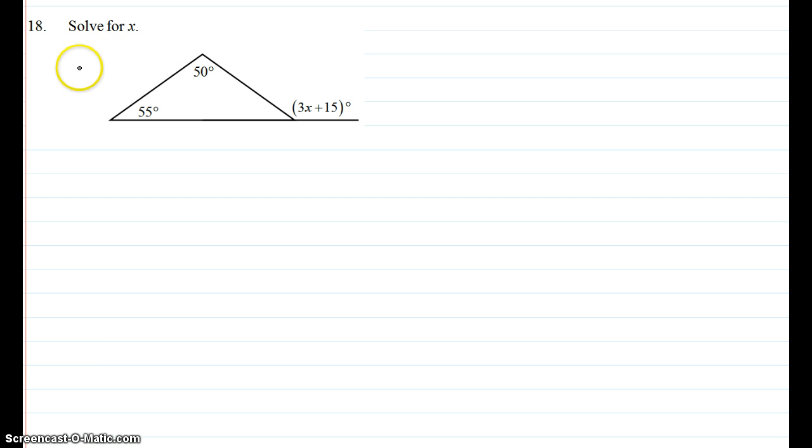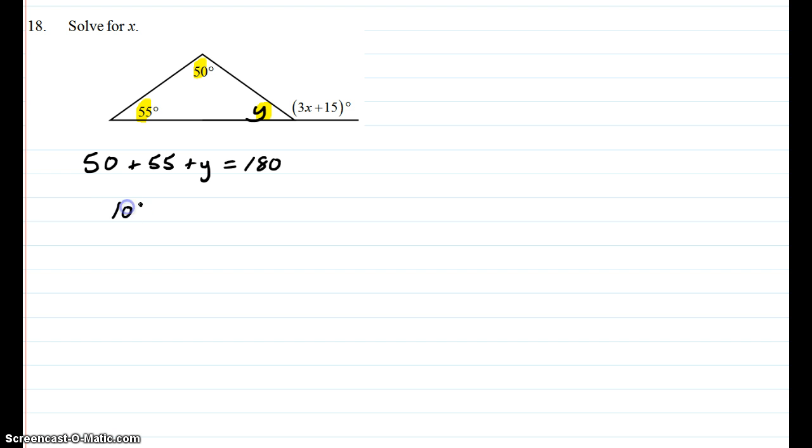All right, we're going to go out of order. So let's look at number 18 now. It says solve for X. As you look at this, you should see we have a triangle, and we learn that the inside angles of a triangle will always add up to 180. You might be tempted to write X here, but since I already have an X, I'm actually going to call this one Y. So I can now write 50 plus 55 plus Y equals 180.